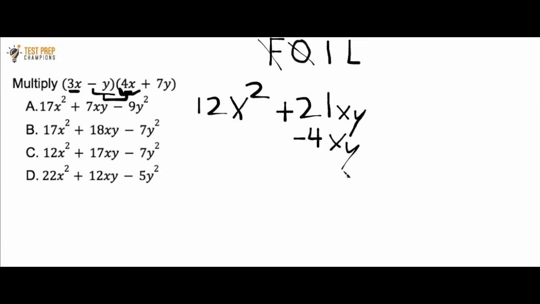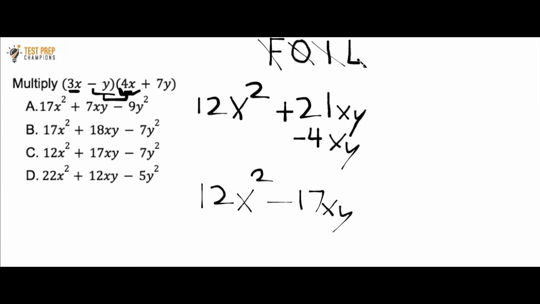All right, so since we've got 21xy and we've got -4xy, I'm going to line them up on top of each other here. And this will become 17 because 21 minus 4 is 17. So I can really rewrite this as 12x squared minus 17xy. So I've done my inners.